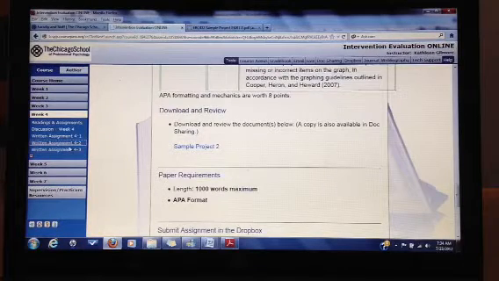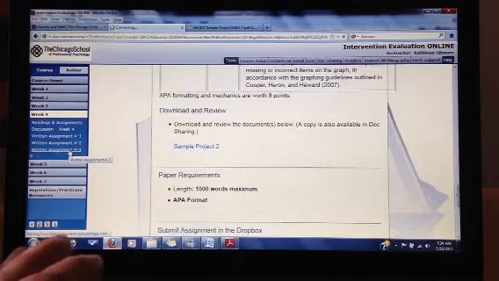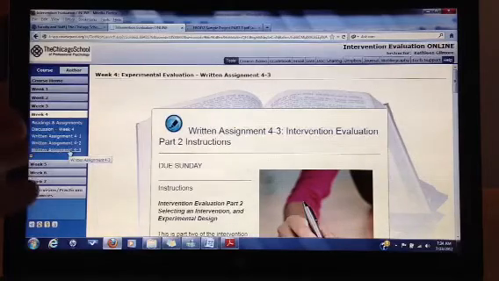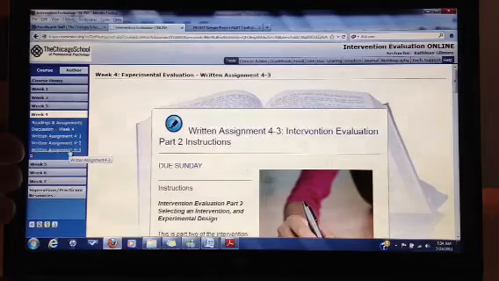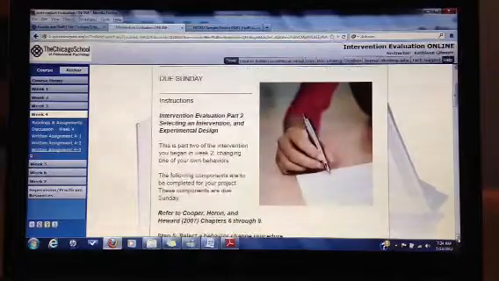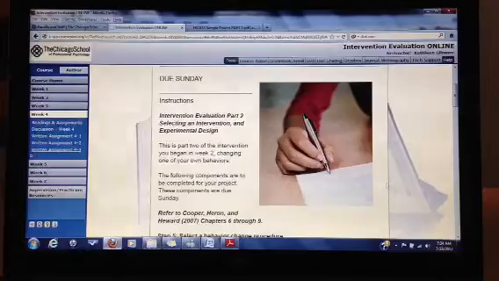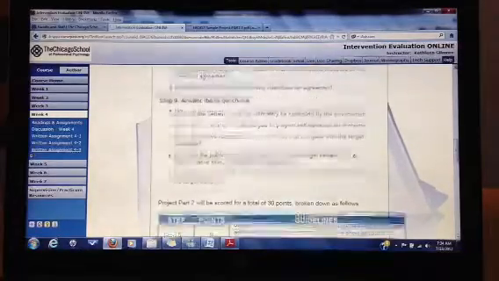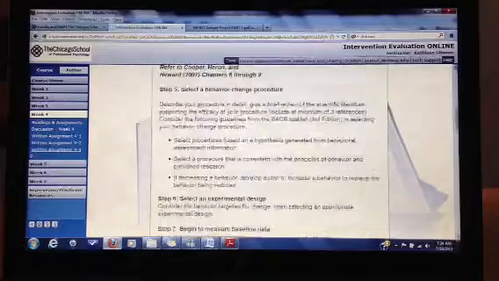Okay, written assignment 4.3 here is part 2 of the project that was started in week 2. Written assignment 2.2, you chose a behavior of your own that you were going to intervene with, and you went over Axelrod's list. Here, you're going to go back to that intervention that you started in week 2, changing one of your own behaviors, and step 1 through 4 was covered in week 2.